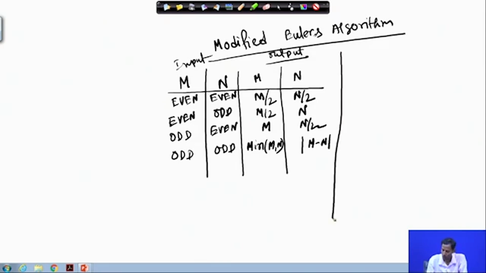So, this is the algorithm for finding out the GCD. Let us consider the previous case, 20 and 30.